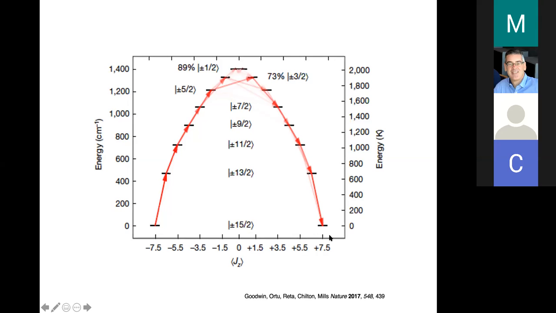If you're going to go from the moment being up to down or down to up, you have to traverse this pathway, go over this activation barrier. And when you get up to here, mixing and tunneling becomes more probable. And so you can then go over this barrier and reverse polarity. But so long as you don't have thermal activation energy to get up above this 1,000 wavenumbers or so, then you should maintain the direction of polarization. Right, so that's how these molecules operate as single molecule magnets.